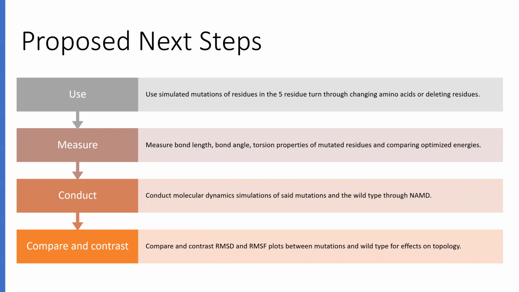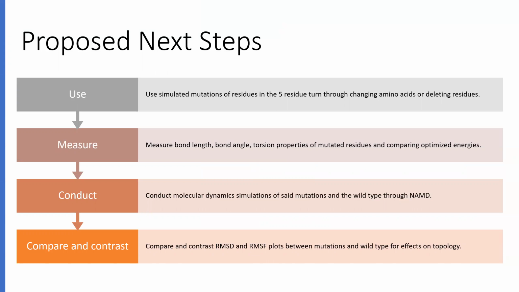So, proposed next steps from the configuration file and the .com file that has been created. As long as all issues are resolved, you could just go forth and do the simulated molecular dynamics of the mutated residue and the wild type in the 5 residue turn, and see how that affects the possible conformation and any other bonding interactions.